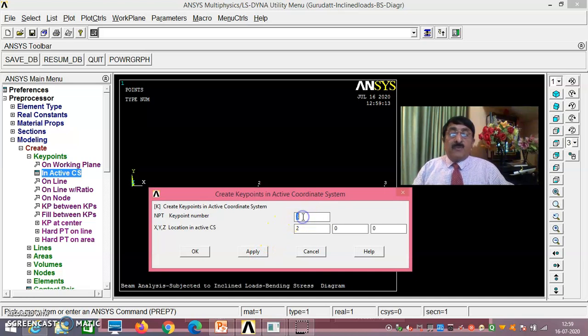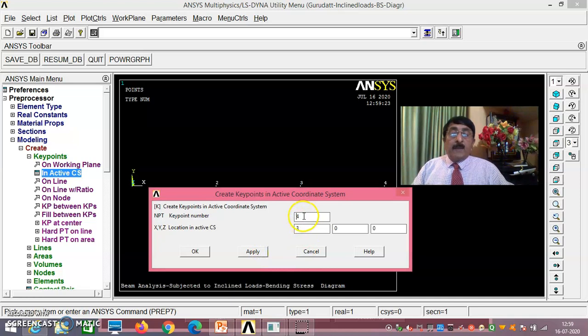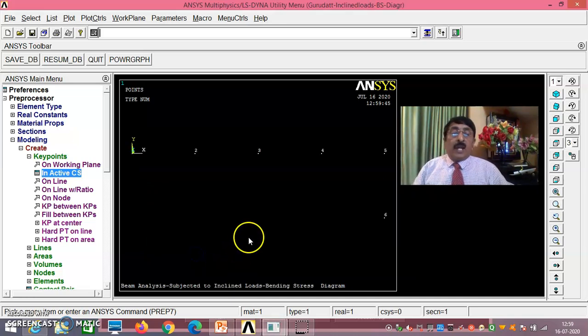Key point 4, 3, 0, 0, apply. Key point 5, 4, 0, 0, apply. Then key point 6, you say 4, minus 1, and say okay. So we have key points 1, 2, 3, 4, 5, 6.